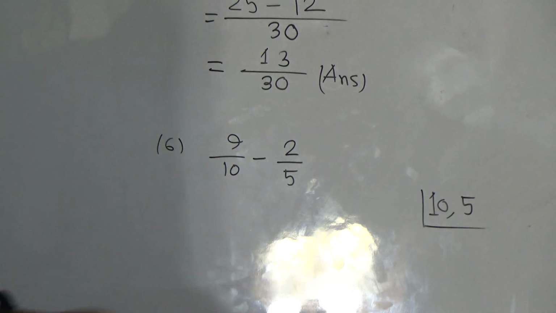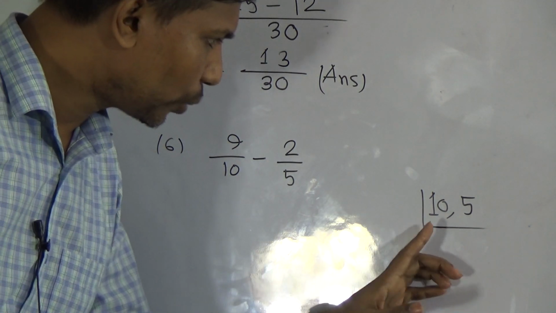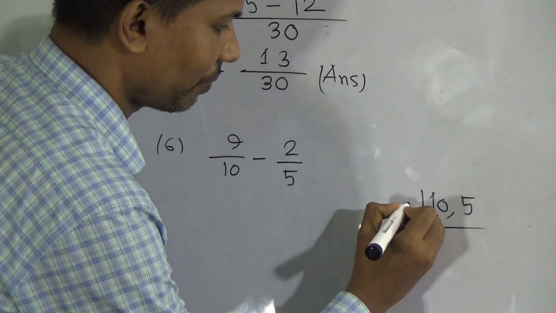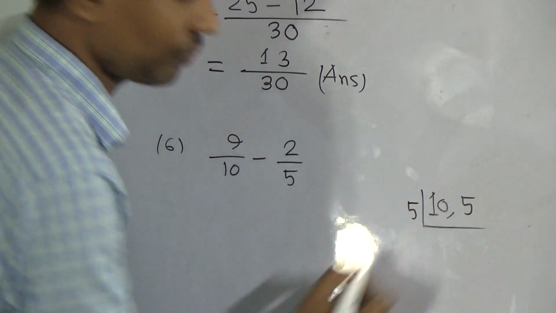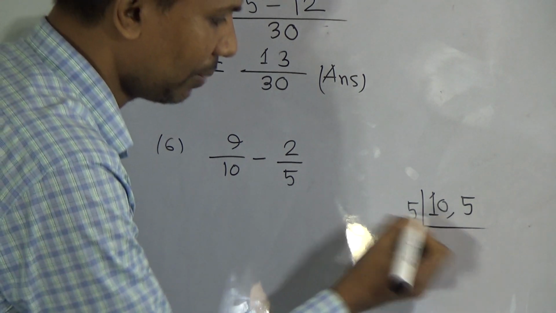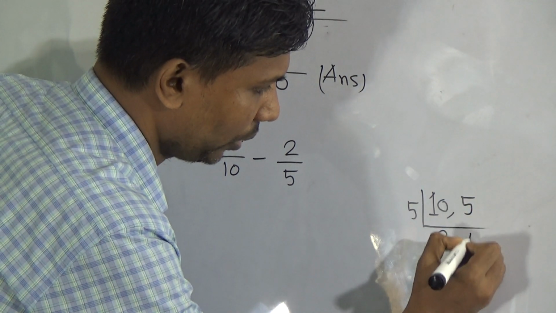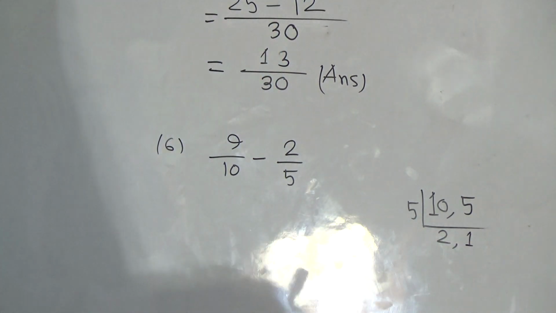The common factor is 5. If you divide 10 by 5, then you get 2. Divide 5 by 5, then you get 1.